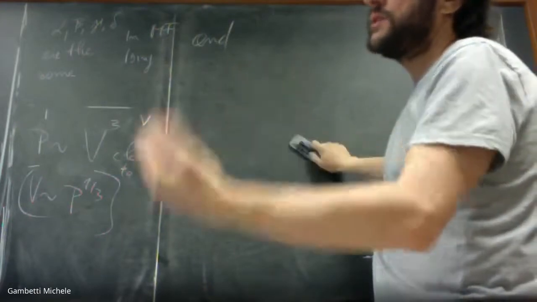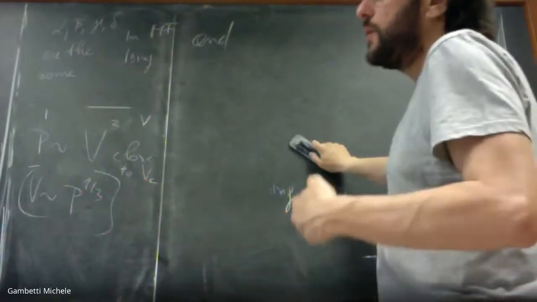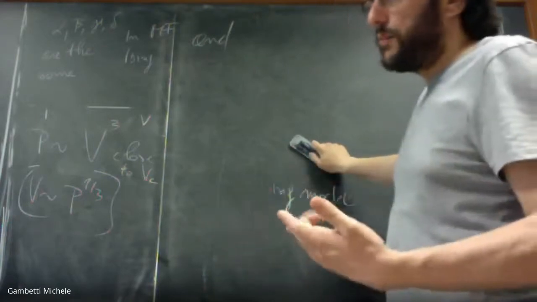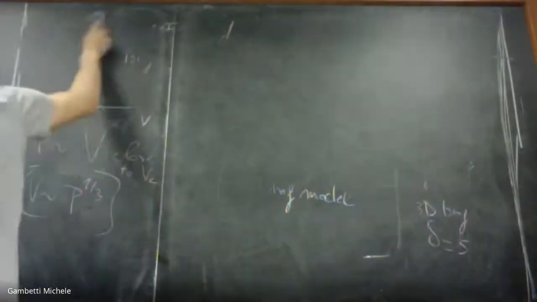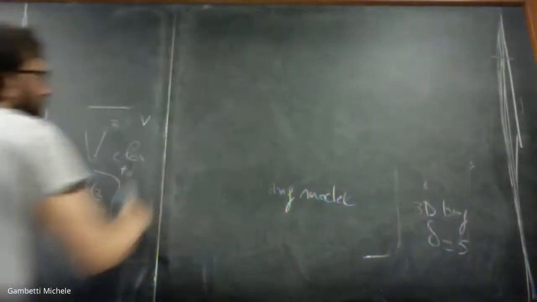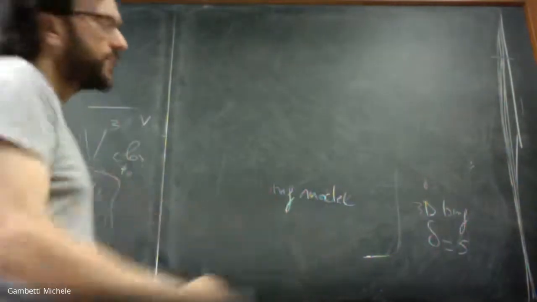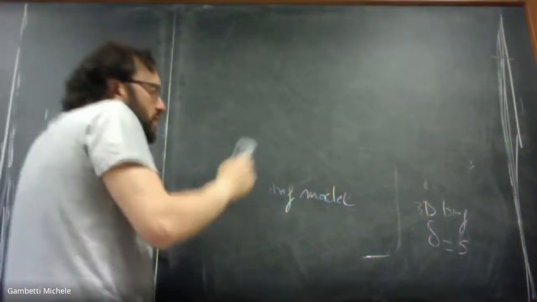The correlation length will diverge, and the system behaves in a collective way, in the sense that the microscopic degrees of freedom are talking with each other on long scales, and therefore the whole system behaves in a unique way.